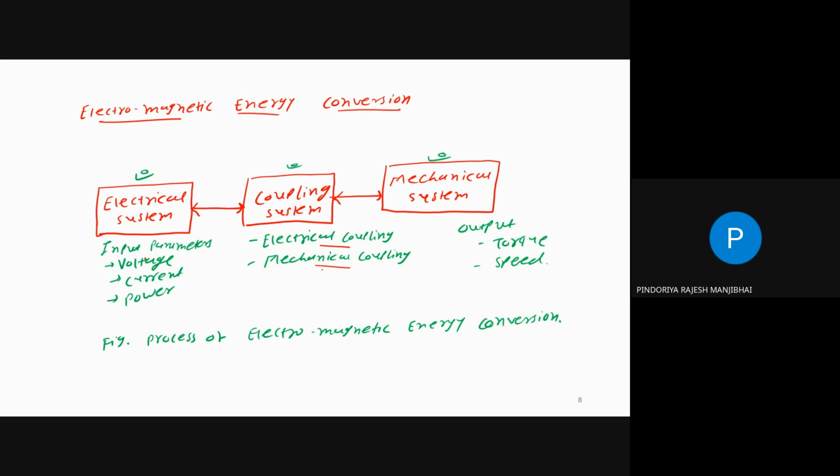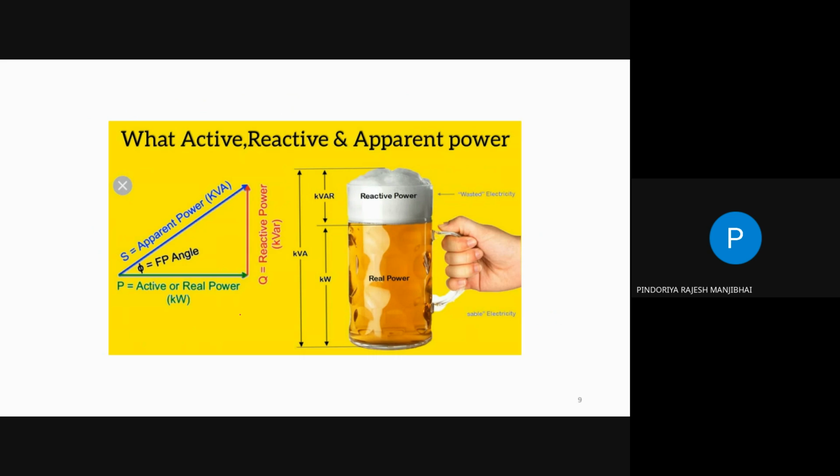Which one is very fast and which one is slow? Any idea? Magnetic coupling, sir. Magnetic coupling is better, fast. Magnetic coupling is fast, okay.